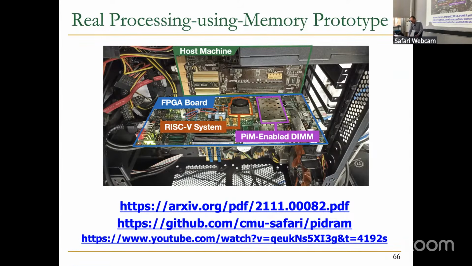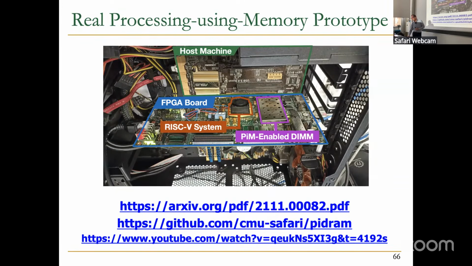But the key idea is you change your program such that whenever you have a copy, you have a special copy. You copy one row to another row. And the data mappings are done in the operating system such that you can copy from one row to another row that are in the same subarray. You need to change the operating system. You need to change the program. Maybe the compiler; in this case, we didn't touch the compiler.